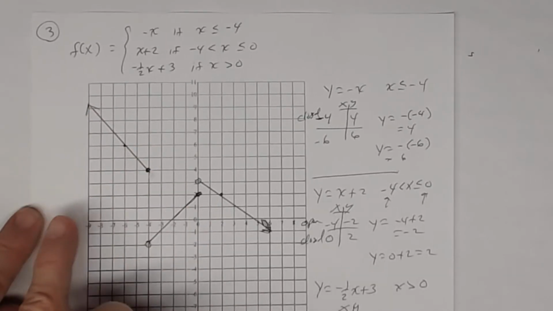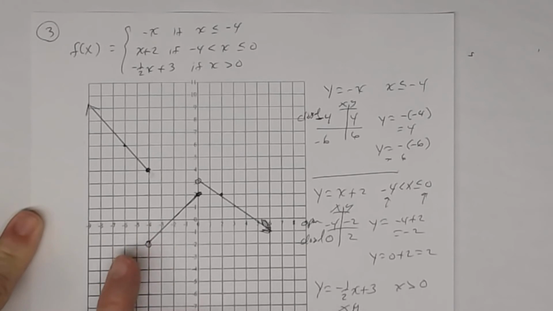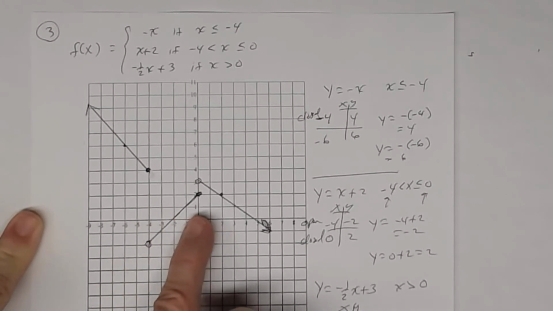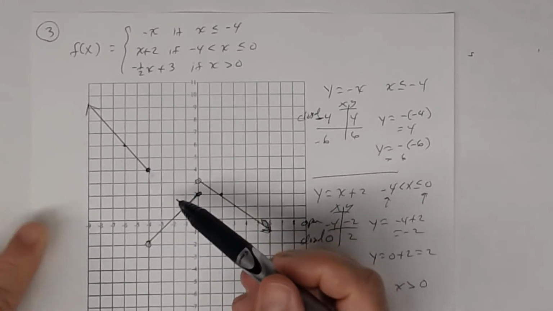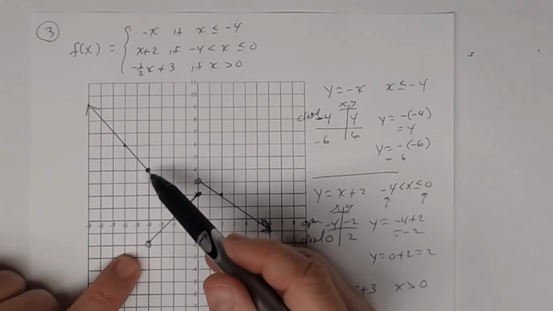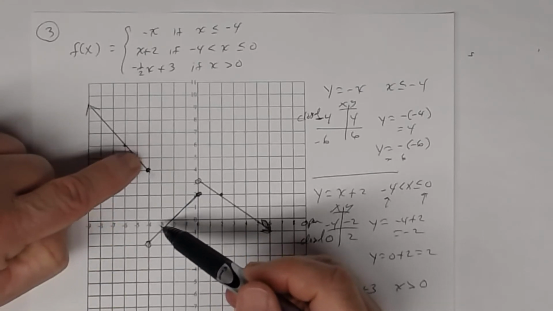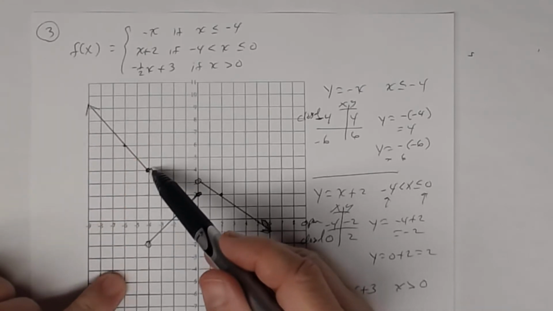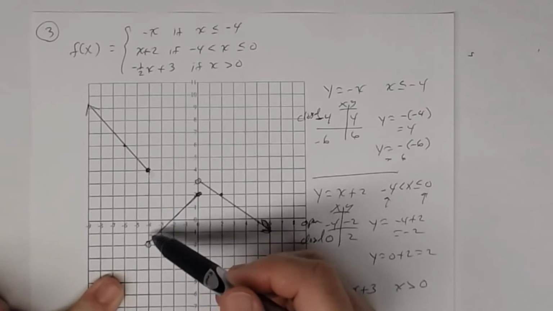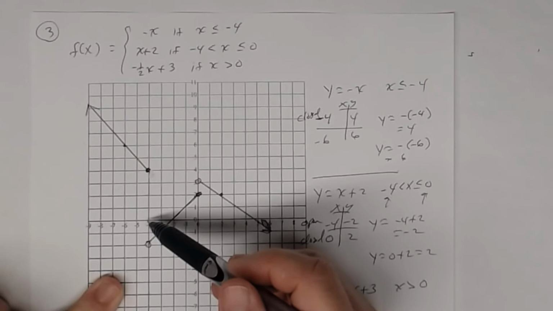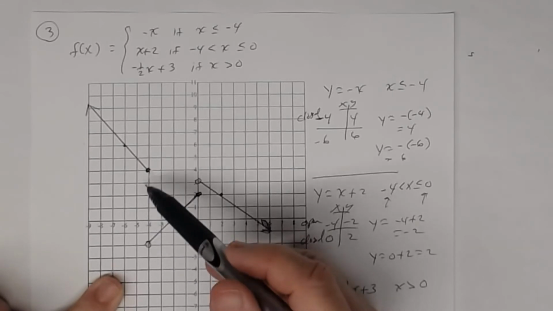So this piece here is from negative infinity to negative 4, and then this is from negative 4 to 0, and this is from 0 to infinity. All right, and notice wherever they overlap. See right here, these two graphs overlap here. Notice one's closed, one's open. They cannot both be closed because then it would no longer be a function. If they were closed, that would mean for this x value, there are two different y values.